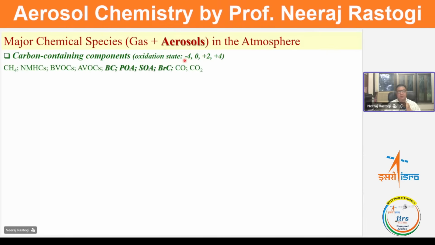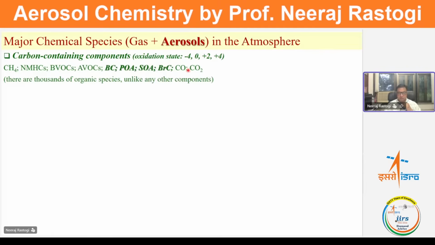For example, methane, NMHCs meaning non-methane hydrocarbons, BVOCs meaning biogenic volatile organic carbon, AVOCs meaning anthropogenic volatile organic carbon, BC meaning black carbon, POA meaning primary organic aerosol, SOA meaning secondary organic aerosol, BrC meaning brown carbon, and then CO, CO2. Now you probably understand that whatever things I have put in bold are aerosols and others are gaseous species.